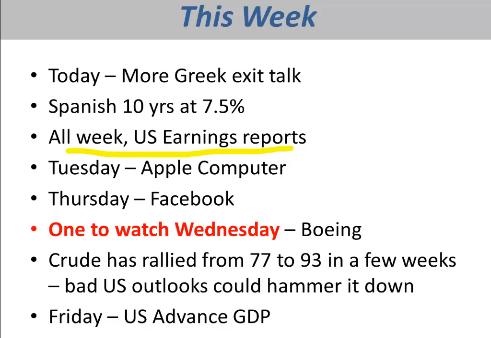Therefore, people are watching again what's going on in the U.S. If these numbers are really good, we can maybe see interest going back into stocks from retail investors, which really hasn't been happening in the last couple years. So Tuesday we get the Apple computer numbers.